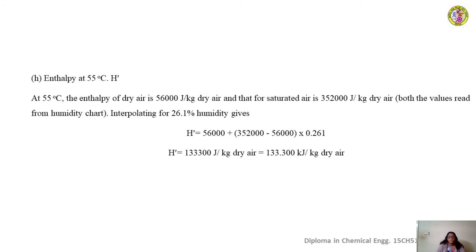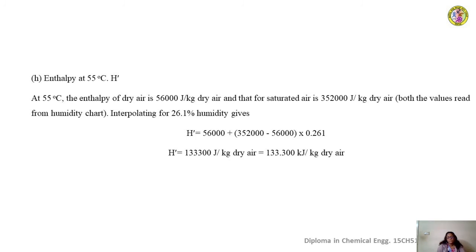After you do the calculations, H dash will be equal to 133.300 kilojoules per kg dry air. So it is 133,300 joules per kg dry air. You can write down the value in short form as 133.300 kilojoules per kg dry air.